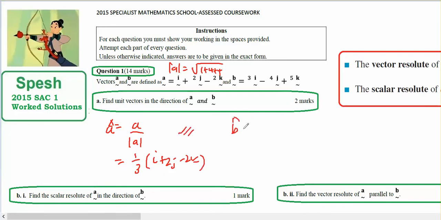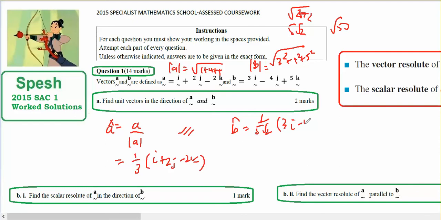The unit vector of b: the magnitude of b is going to be the square root of 3 squared plus 4 squared plus 5 squared, root 50, which is the square root of 25 times 2, or 5 root 2. So 1 on 5 root 2 times 3i minus 4j plus 5k.